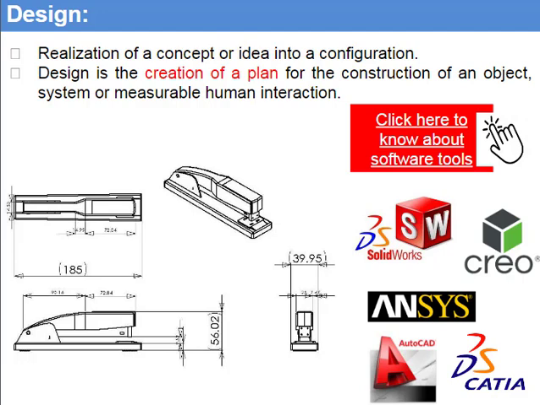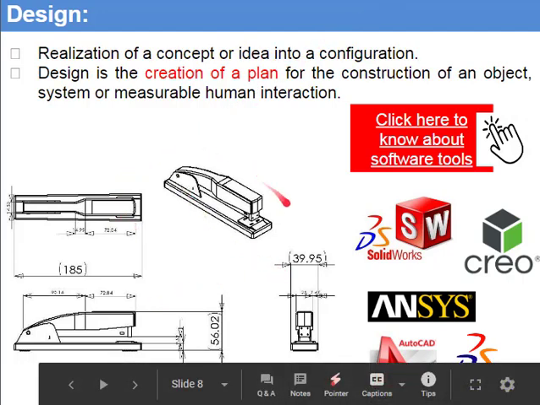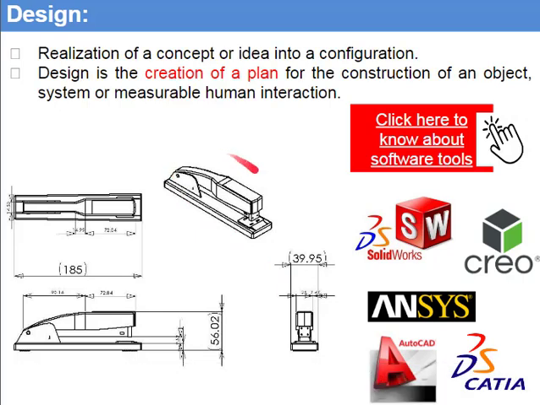What is design? Design is the realization of a concept or idea into a configuration. Generally speaking, design is the creation of a plan for the construction of an object, system, or measurable human interaction. With the help of design, we can see different views of a machine, namely front view, top view, and side view, as well as a three-dimensional view called the isometric view.